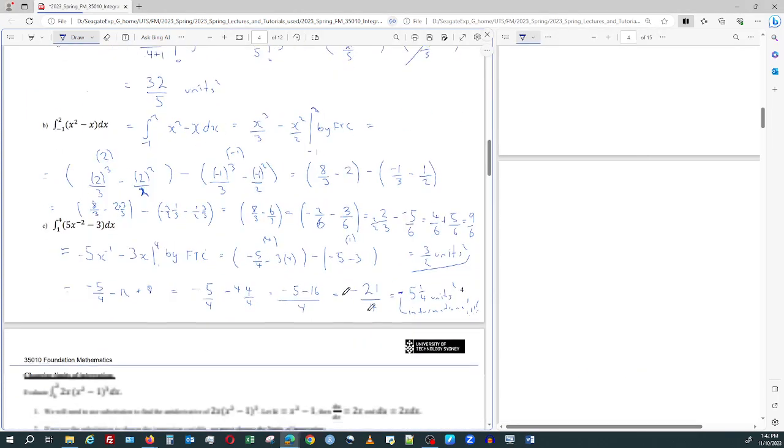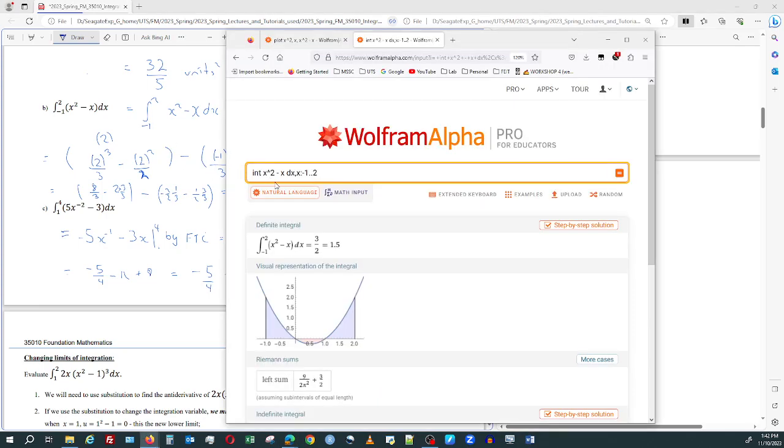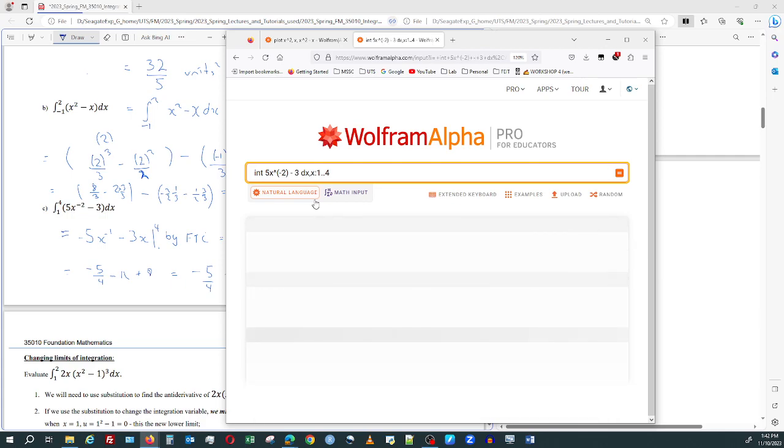So for here, when we get a negative, we want to have a look at this, please, with Wolfram. So let's bring that back and let's do the integral of 5 x to the minus 2. Put a bracket in minus 2. Minus 3, and we're going between 1 and 4 this time. 1 and 4, and I don't know what that graph looks like.